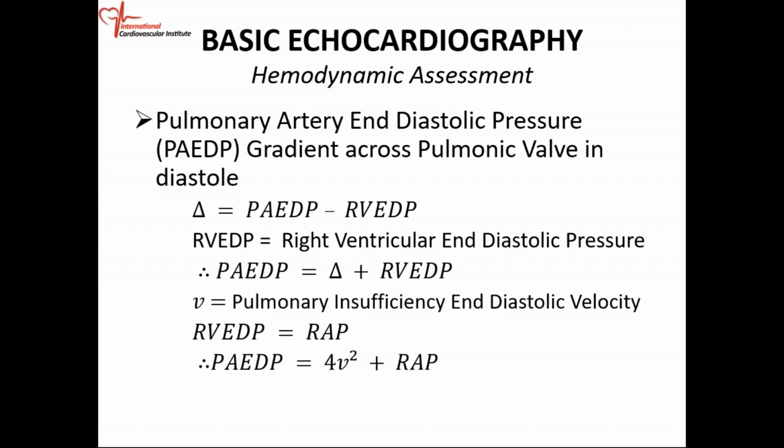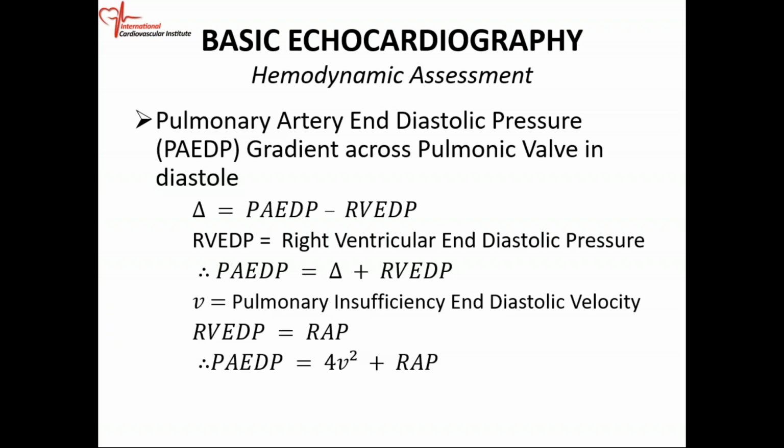So remember, we established the fact that the right ventricular systolic pressure is the same thing as the pulmonary artery systolic pressure, unless you have some obstruction at the right ventricular flow tract or across the pulmonary valve. If you don't have any obstruction there, then the right ventricular systolic pressure is the same thing as your pulmonary artery systolic pressure. So that is your PA systolic pressure.